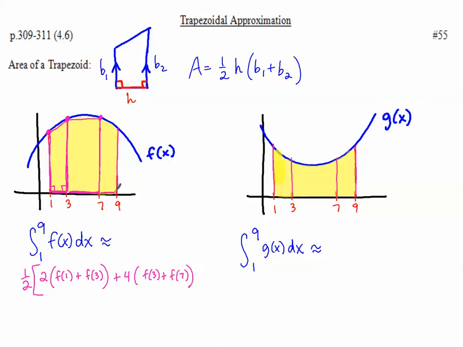And then my last little interval is again 2 units apart. Plus the height times plugging in 7 to go up on the left, plugging in 9 to go up on the right, connecting them. So f of 7 plus f of 9. And that was my last trapezoid. I've got 1, 2, 3 trapezoids, 1, 2, 3 areas.